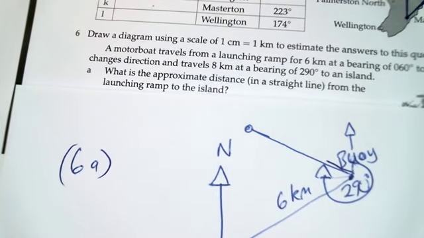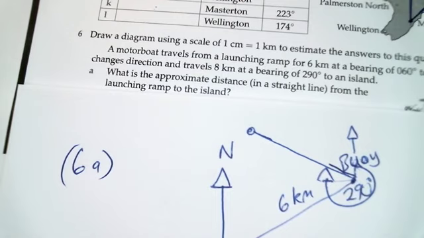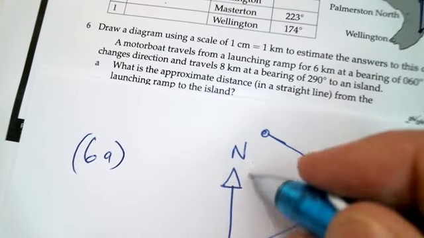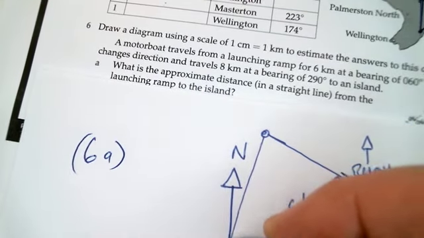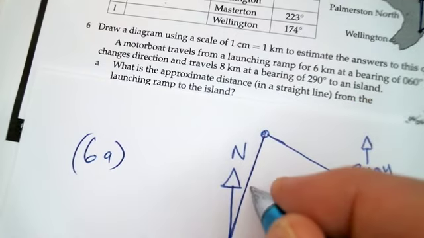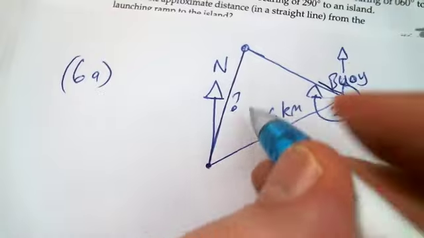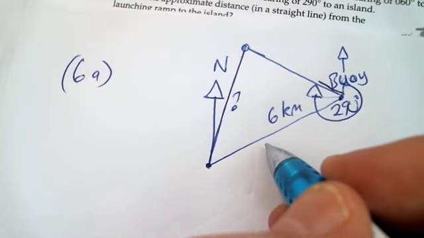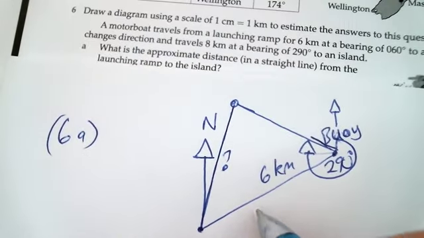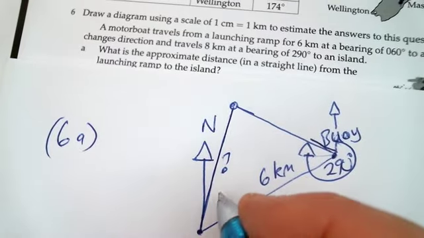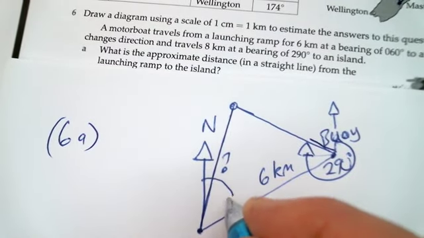What's the approximate distance in a straight line from the launching ramp to the island? So your job is to say, okay, what is that distance there? That's the distance you've got to find. And what you need to do is have a look at these angles. Is one of those a right angle? It'd be useful to know if it were. We do know, though, that this bit here is 60.